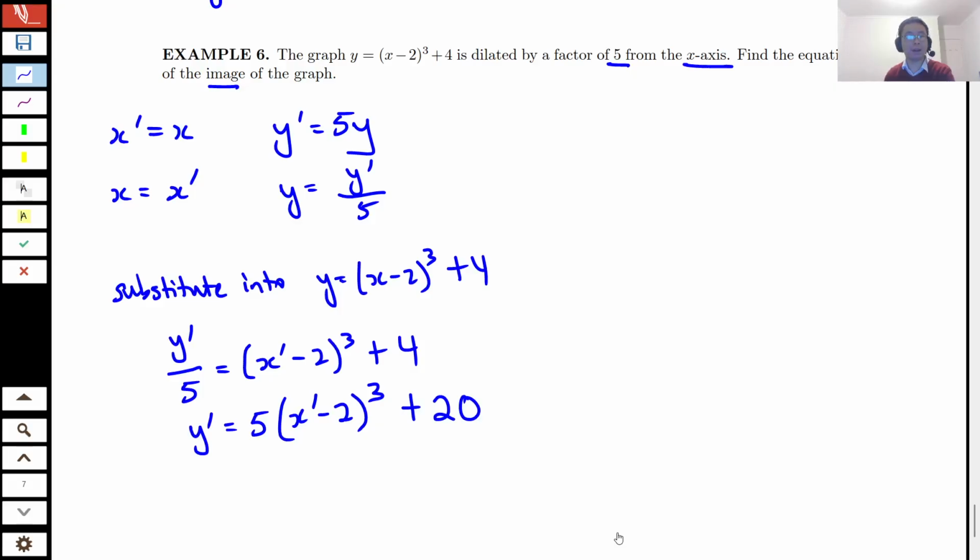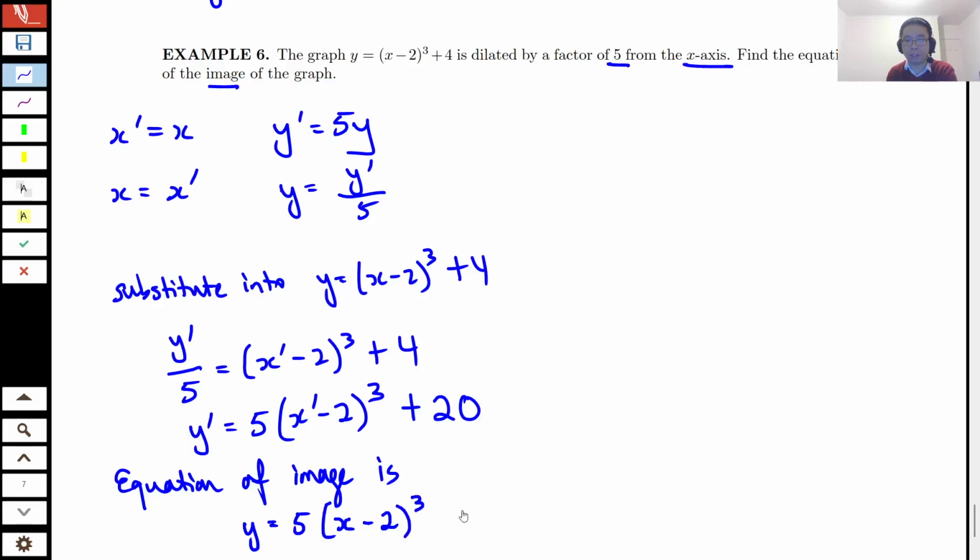So if you multiply by 5, you've got to multiply everything by 5 if you are adding terms together. And don't forget to answer the question. The equation of the image is going to be specified in terms of x and y. So it's going to be y equals 5(x - 2)³ + 20.